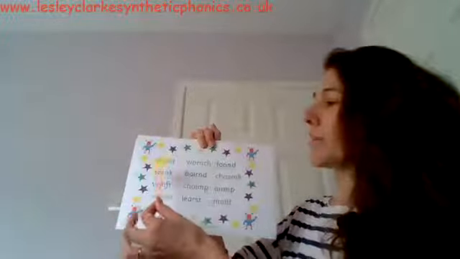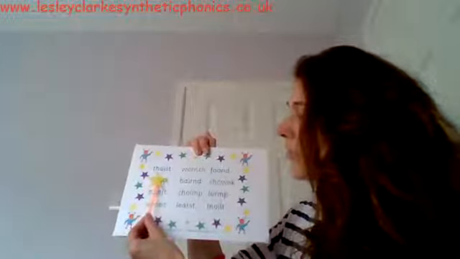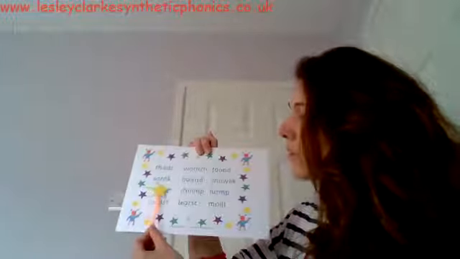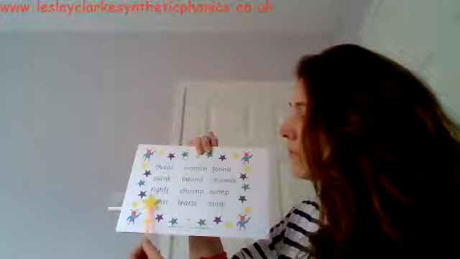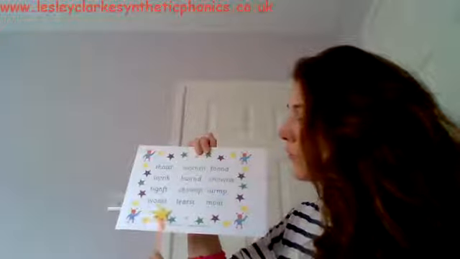I'll do the pointing and I'll read as if I were the children spotting the digraph. So they would go A, R, I, O. So they're not reading the words, they're just spotting where there are digraphs hiding in those words.